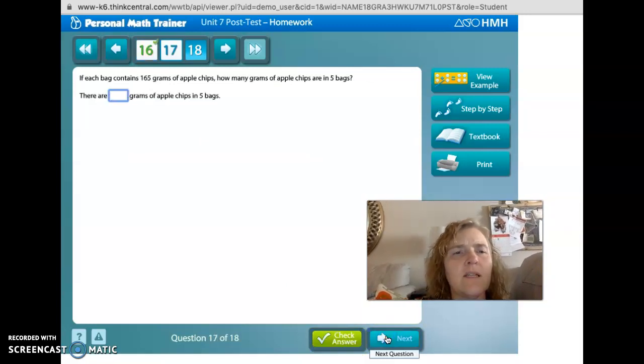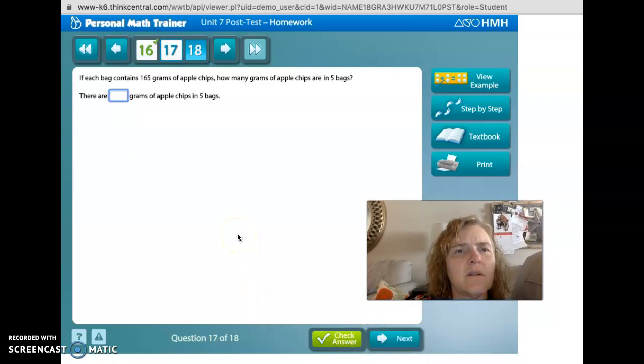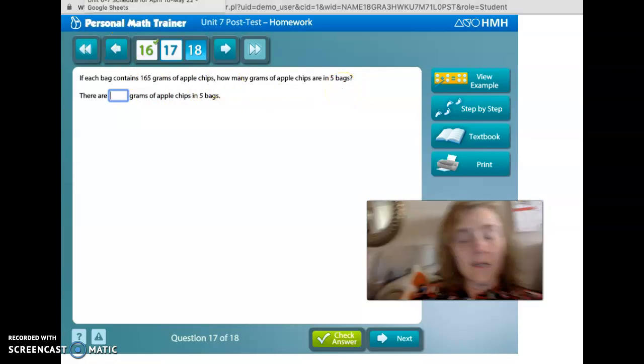Number 17. If each bag contains 165 grams of apple chips, how many grams of apple chips are in 5 bags? So we need to take 165 divided by 5 equals, excuse me, I didn't read that right.